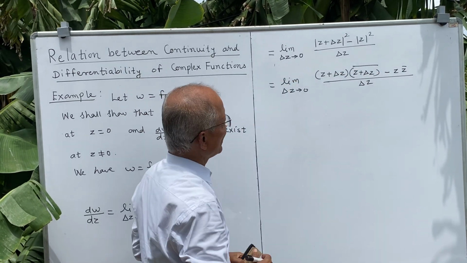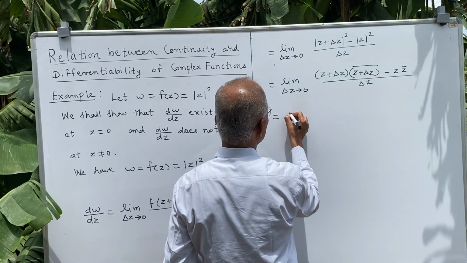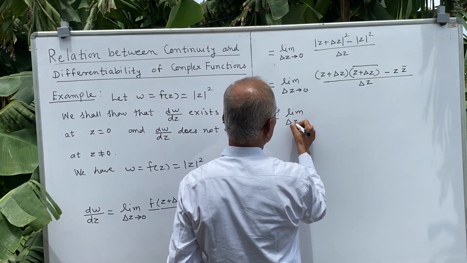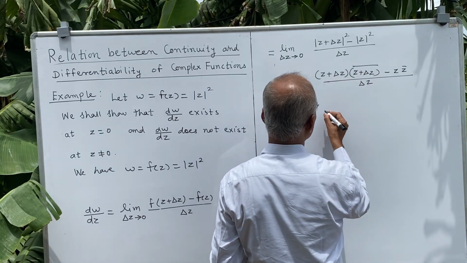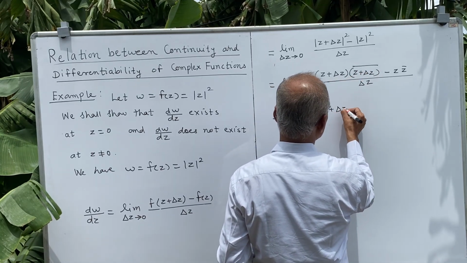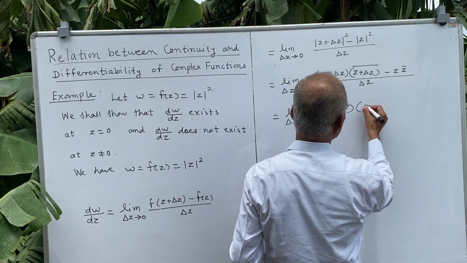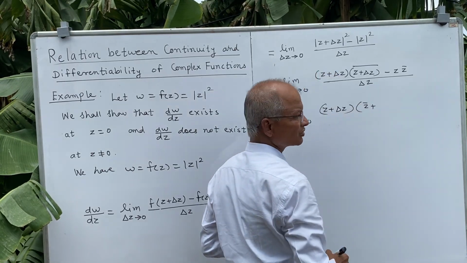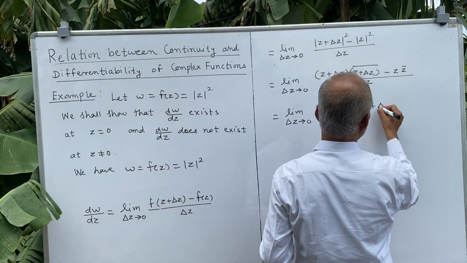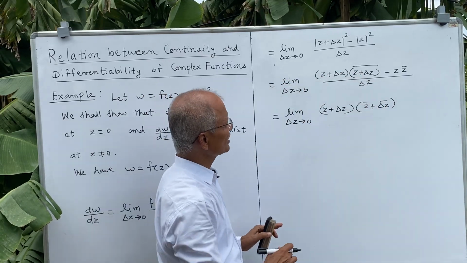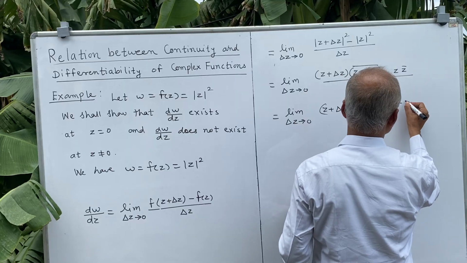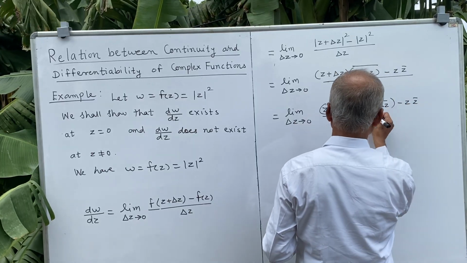Using again the property that the conjugate of z1 plus z2 is conjugate z1 plus conjugate z2, this becomes z plus delta z times z bar plus delta z bar, minus z z bar, divided by delta z.